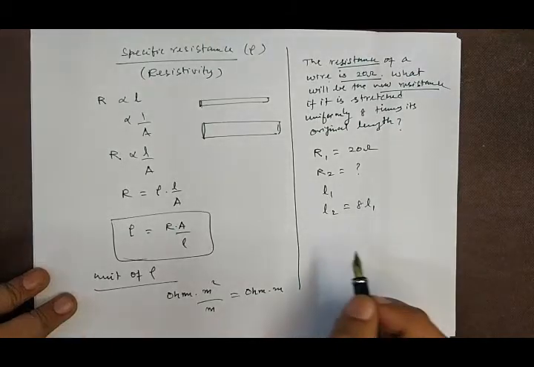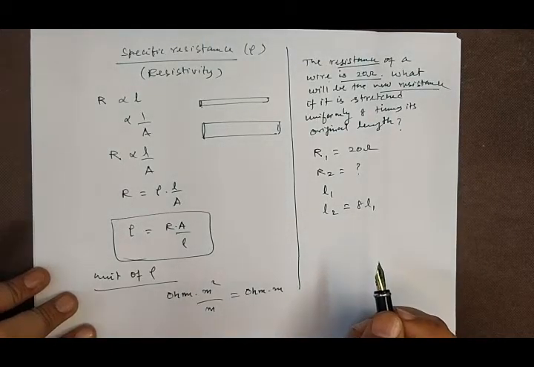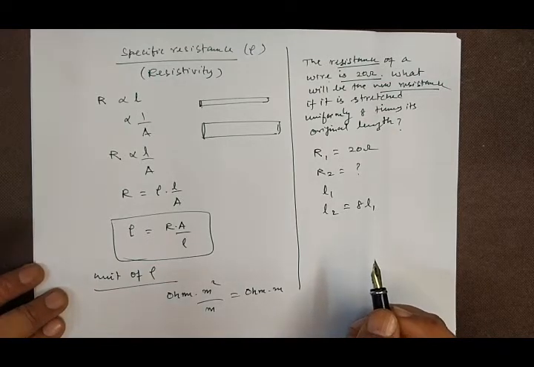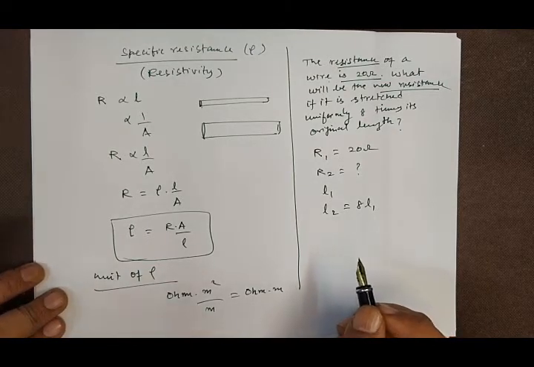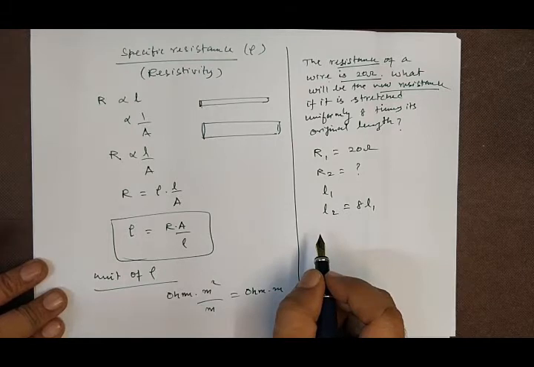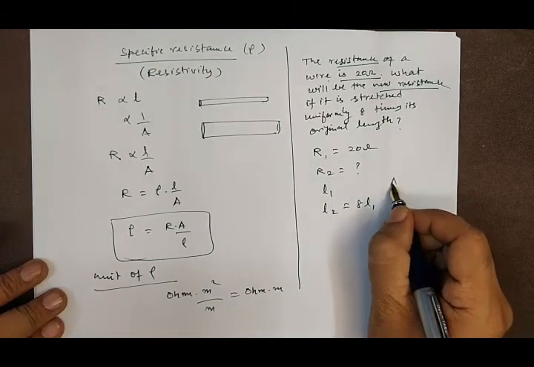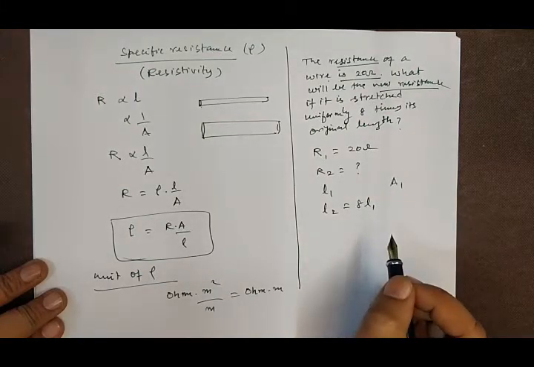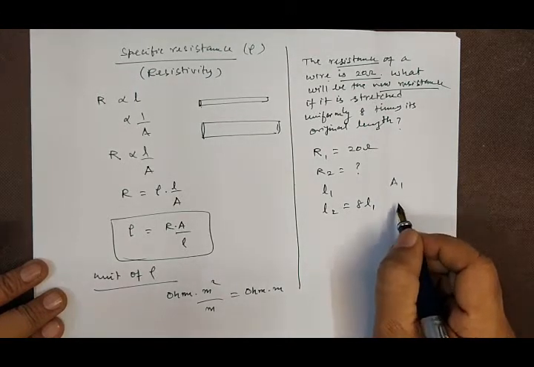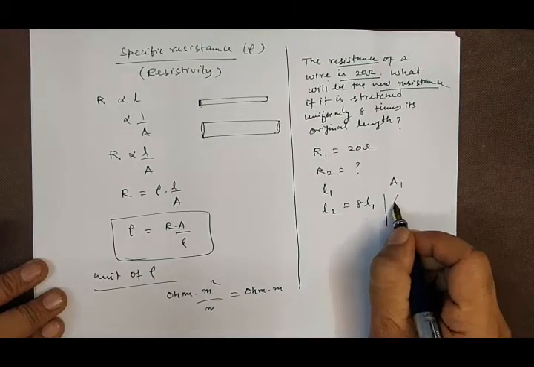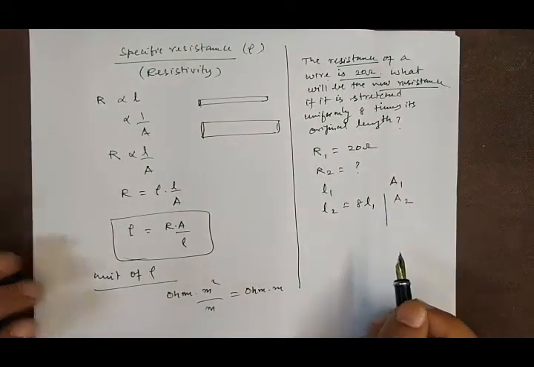Am I right? Now, what about the area of cross section A1? And we do not know about the area of cross section when it is extended, so this can be A2. Okay.